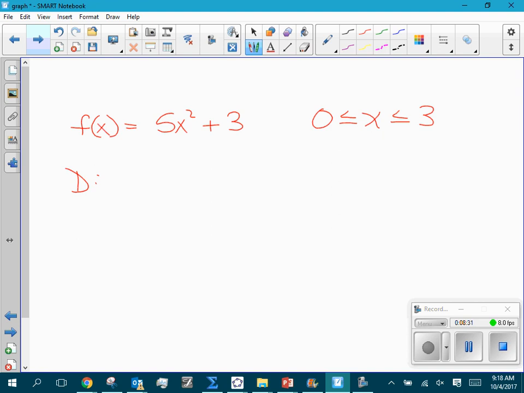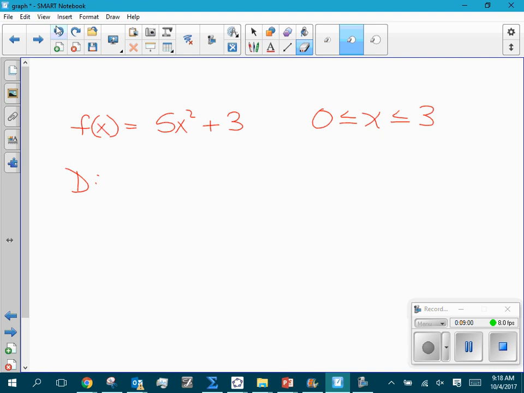Okay. The domain question here, hopefully, is something that we understand pretty easily. If they did not give me this, say this was gone. My domain is all real numbers. It's a polynomial, right? But what they're doing with that there, 0 is less than or equal to x, less than or equal to 3, they are telling me what my domain has to be.